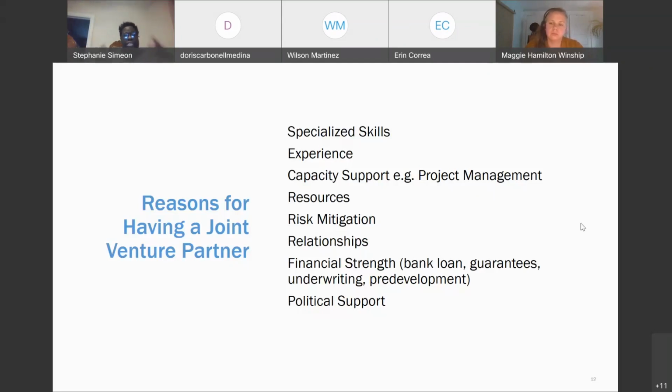So again, you're strengthening these relationships by doing this joint venture. Sometimes it just makes sense financially, and I consider everybody a partner because no one does a project solely by themselves. Nobody. So you always want to consider everything as a joint venture.